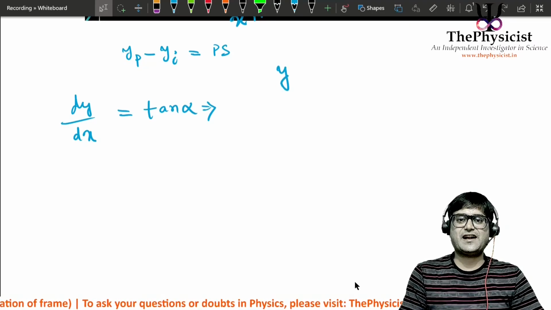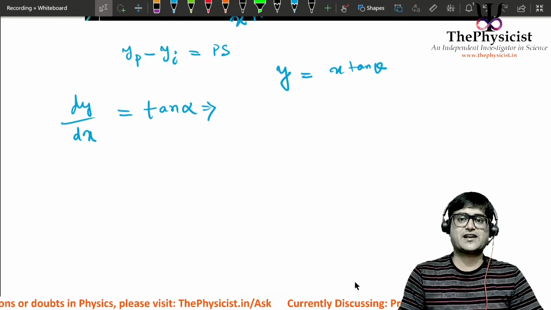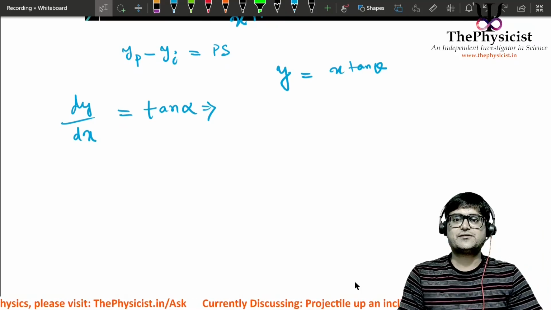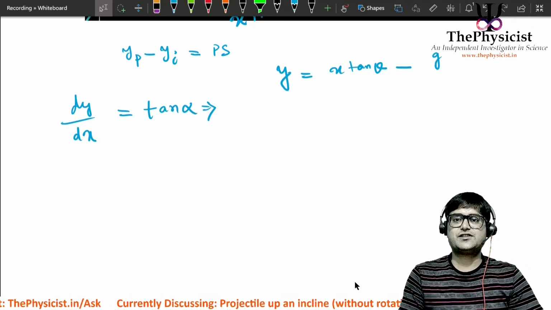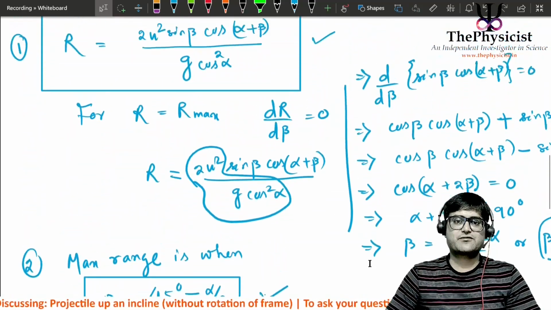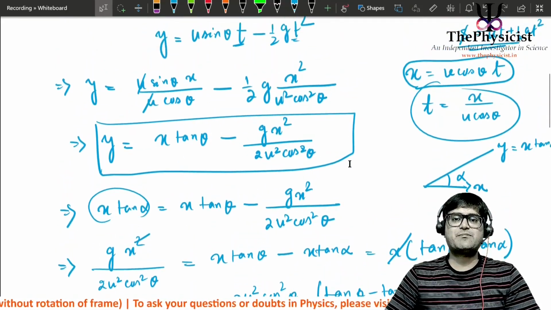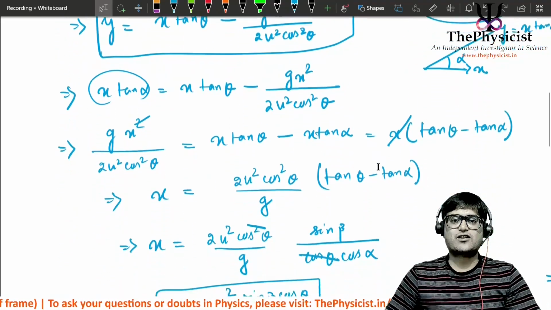So first of all, we rewrite y for the projectile, the parabolic path, as x tan theta minus gx squared by 2u squared cos squared theta.